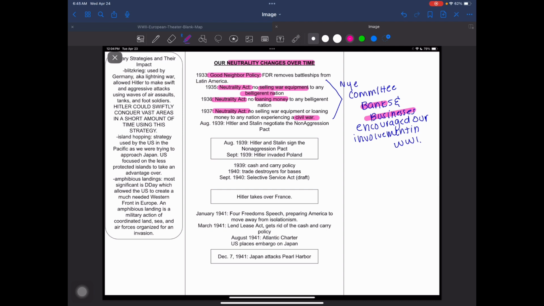And then in August of 1939, this is so important, we're going to see that Hitler and Stalin are going to make a very, very unusual agreement. Hitler being fascist and Stalin being communist, it is extremely unlikely that they would have any relationship whatsoever, any relationship involving trade, any peaceful relationship, period.